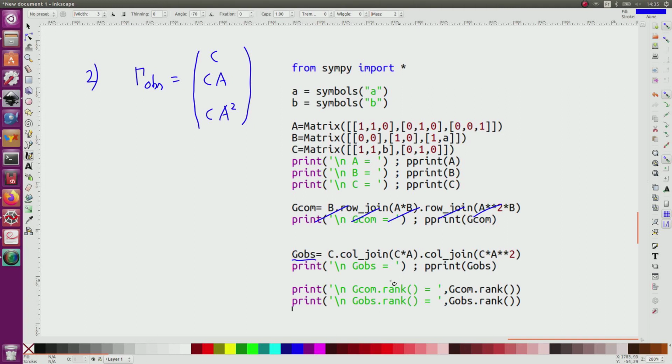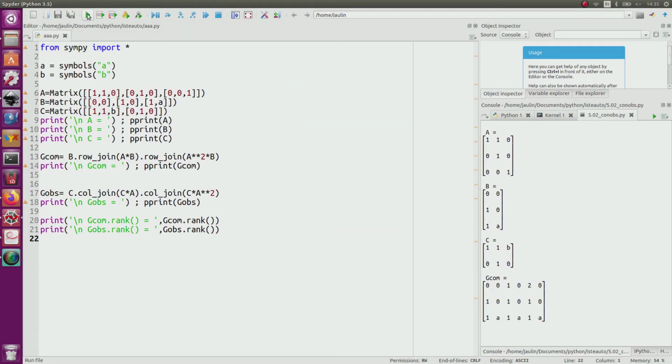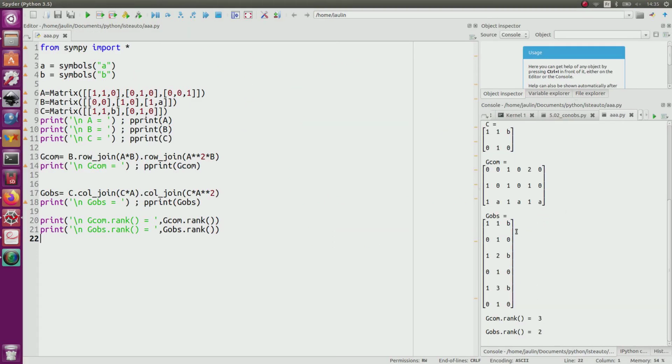Then I will print it, and to make things simple, I will not compute the rank by hand, but directly ask Python to give me the rank. Also for the controllability matrix and also for the observability matrix. I run my program, I can see the observability matrix, and I can check that the rank is 3 for generic a, not for a equals 0, and the rank for the observability matrix is 2.